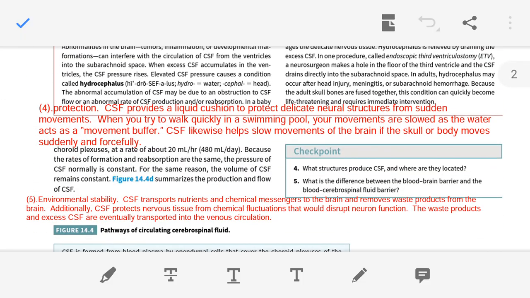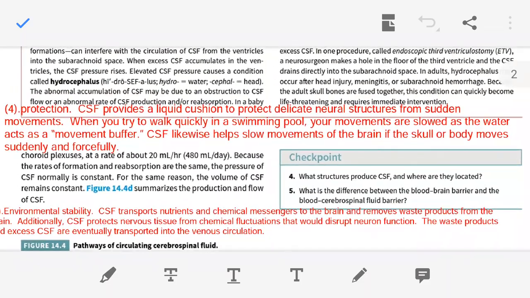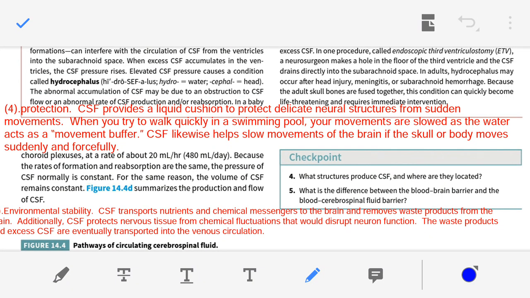Now the fourth point, protection function of CSF. See, CSF provides a liquid cushion to delicate structures, that is our brain and spinal cord. They are protected by CSF because CSF is acting like a liquid cushion.